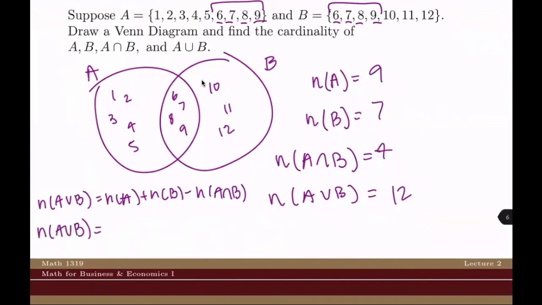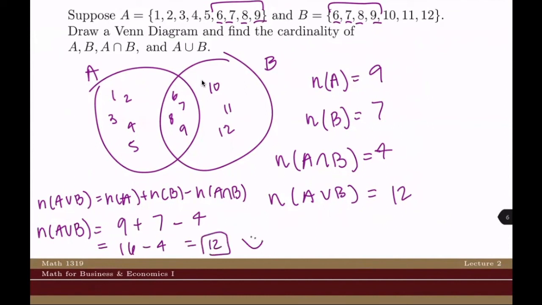So N of A was 9, N of B was 7, N of A intersect B is 4. Okay? So this is going to be equal to, well, 9 plus 7 is 16. And 16 minus 4 is equal to 12. So yes, we got the same answer.